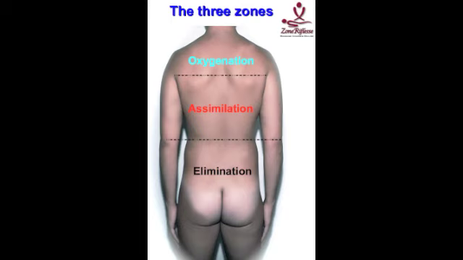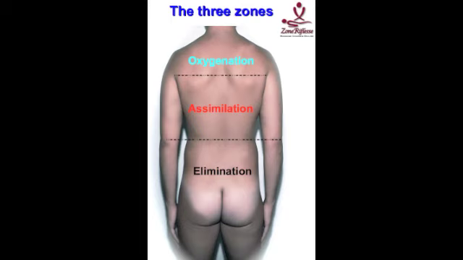So here you will find all the organs in charge of assimilation, so assimilating food. So we'll have the liver and so on, the stomach. Then you'll notice that many people have problems in this area, in this zone, so the assimilation of what they eat is altered.